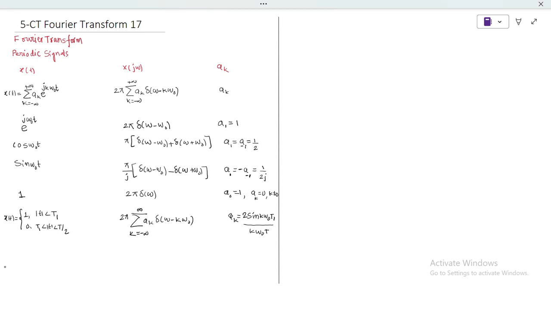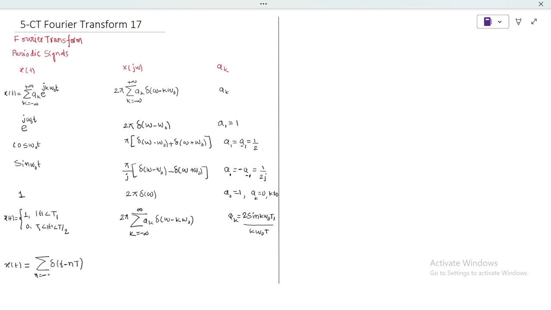One more periodic signal is the impulse train, that is x of t equal to sigma del of t minus n into capital T, n from minus infinity to plus infinity. For every time period, the impulse will be repeated.